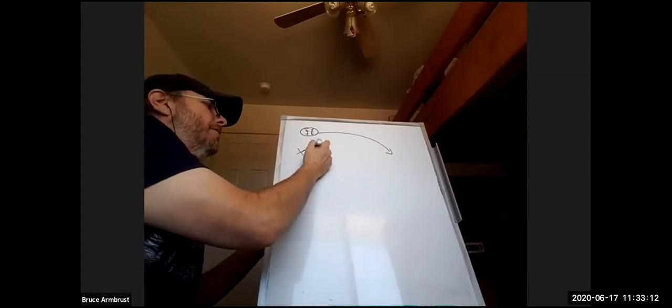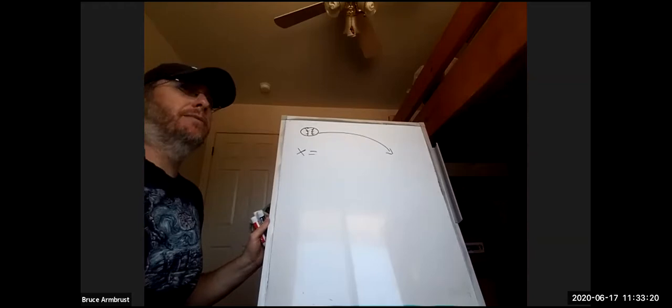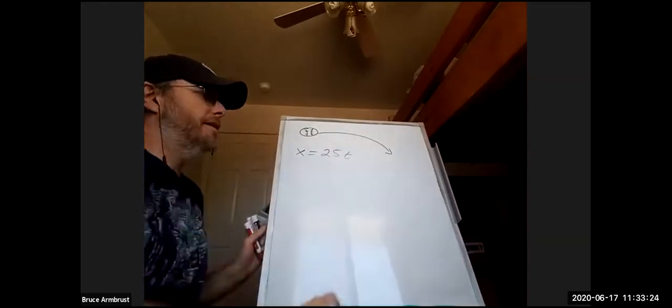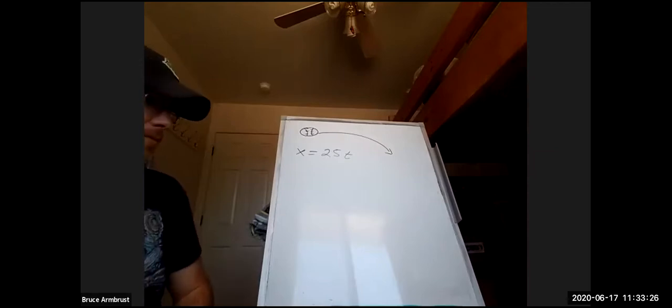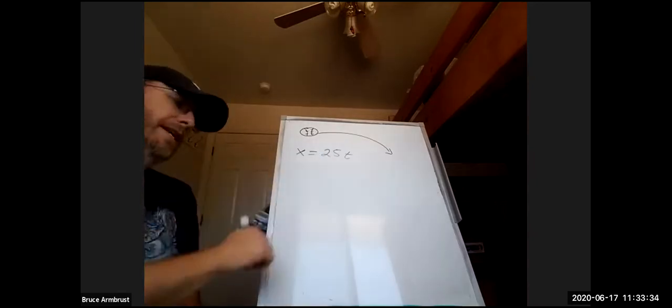All right, now I'm going to be kind of generic. No, let me give you a specific. So what I'm going to put here for my x, I'm going to let x equal 25t. Now, what this is saying is that I'm throwing it with an initial speed of 25 meters per second.